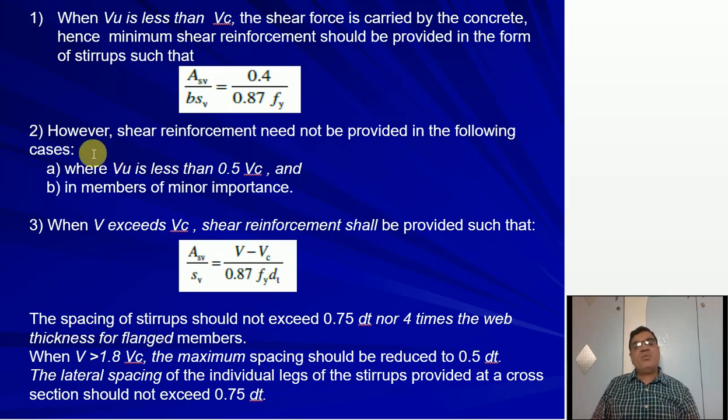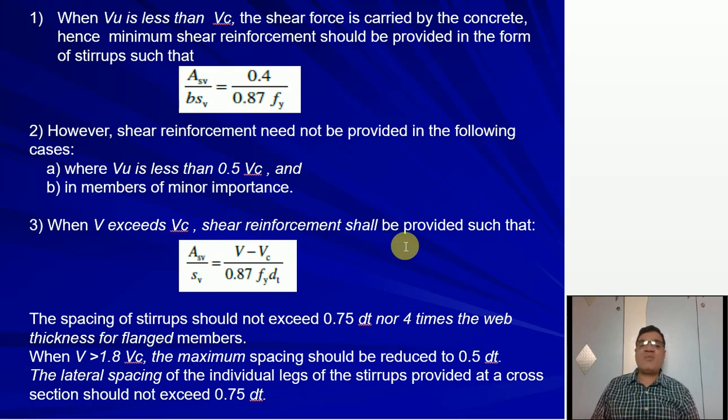However, shear reinforcement need not be provided where Vu is less than 0.5 Vc, that means the design shear force is quite low, and in members of minor importance, it is not necessary to provide any shear reinforcement. When the shear force exceeds Vc, the design shear reinforcement shall be provided.